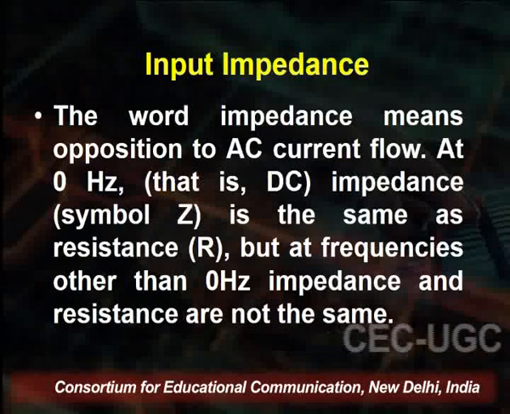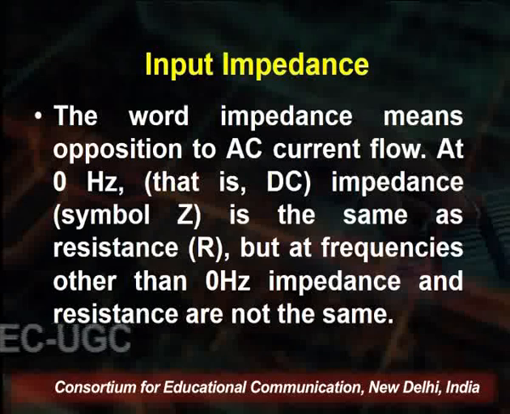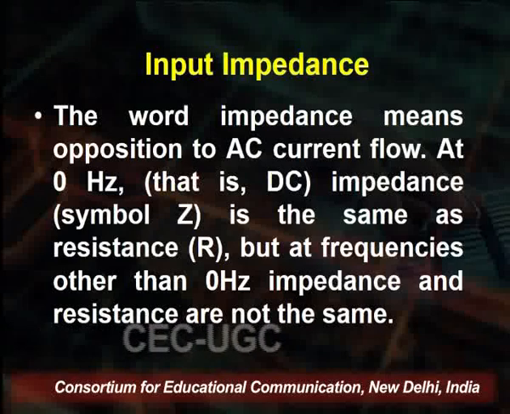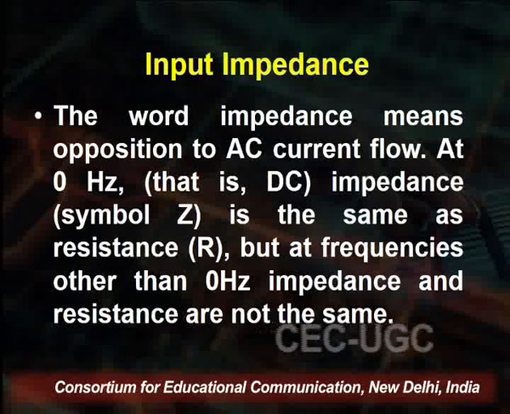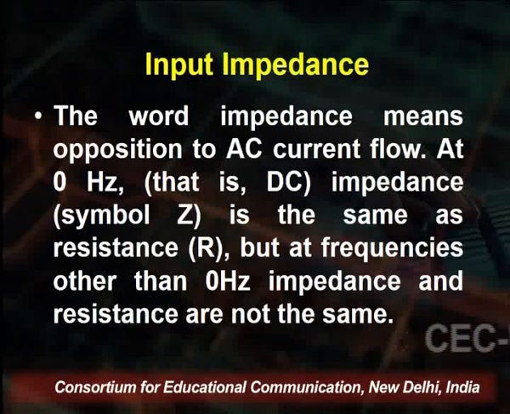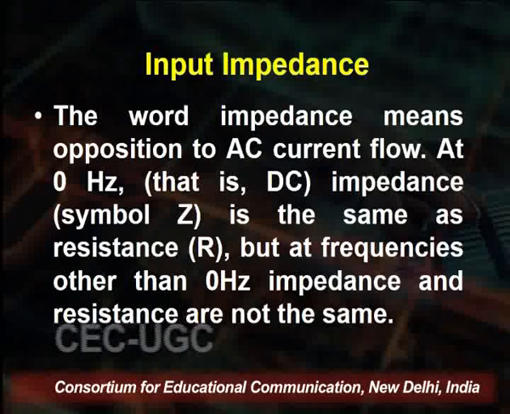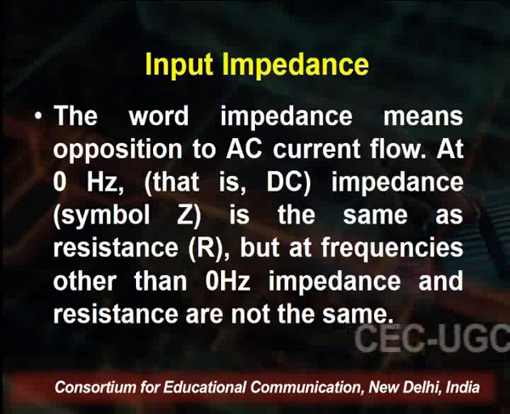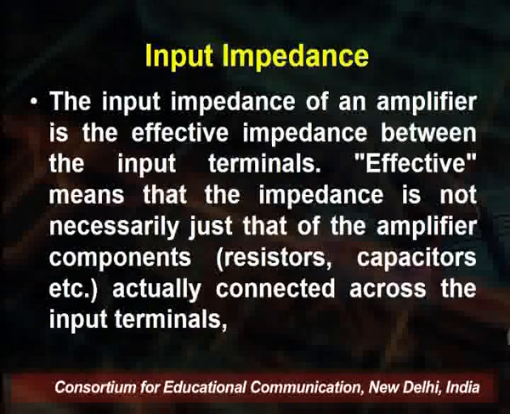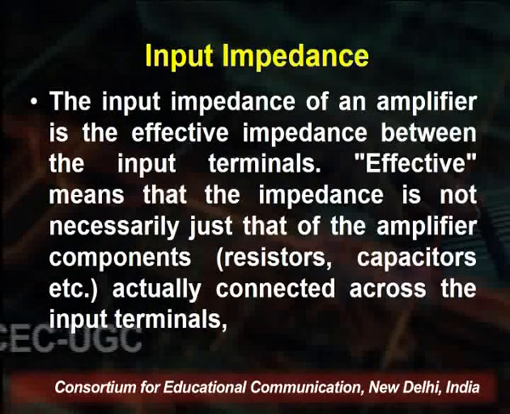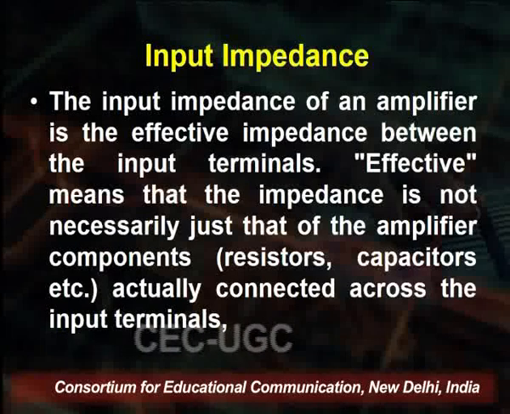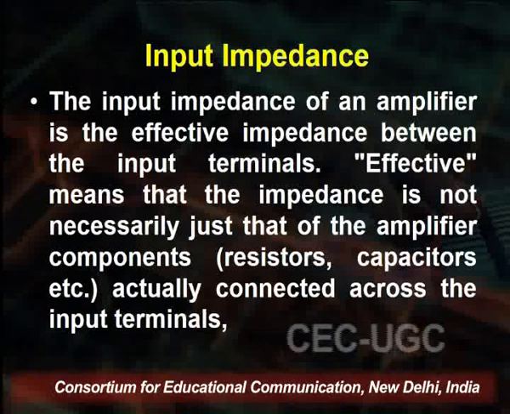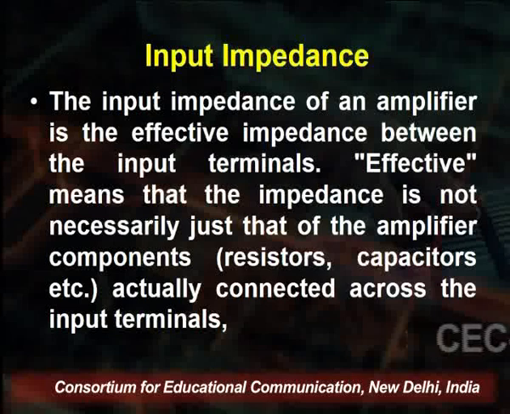What is the input impedance? The next parameter is the input impedance, which means opposition to AC current flow. At 0 hertz, that is DC, impedance, represented by the symbol Z, is the same as the resistance R, but at frequencies other than 0 hertz, impedance and resistance are not the same. The input impedance of an amplifier is the effective impedance between the input terminals.